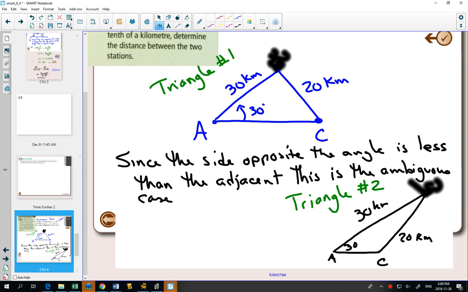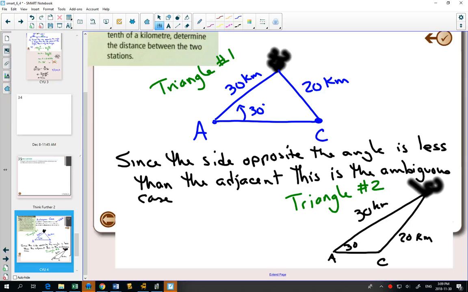Because the 20 kilometers could be so that all the angles are small, or the 20 kilometers could be so that you have one really big obtuse angle. Remember when we showed that that arm could swing around? That 20 kilometers could swing around and make this triangle where A and C are closer together.